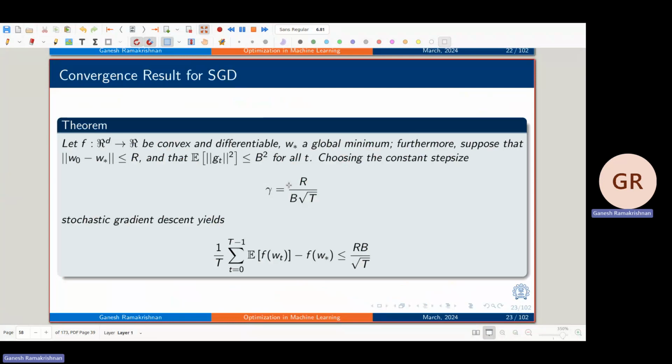The convergence now is similar. All this starts looking very similar beyond a point for the simplest algorithm. 1 upon square root t, this is also 1 upon square root t. In fact, RB upon square root t is what we started with. Now the B here is different.